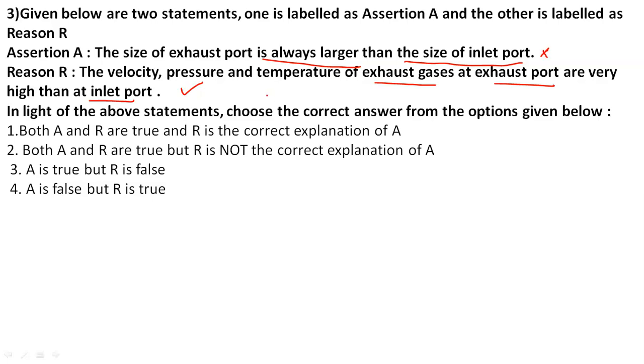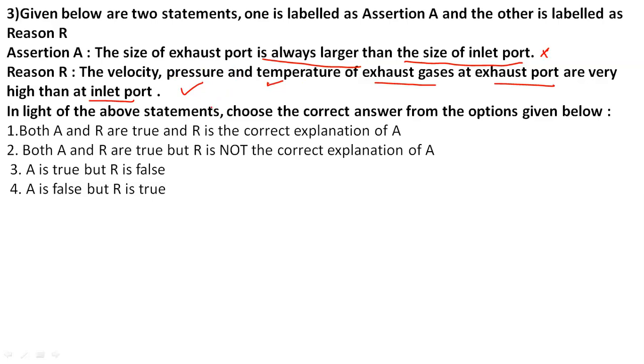At the inlet port the fresh air-fuel mixture enters, so the temperature is lower. After it reaches the engine and power is produced, the temperature, velocity and pressure get higher.